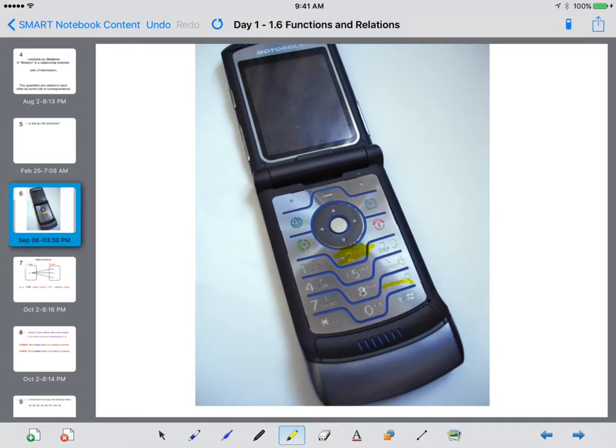Okay, this is a relation. That number 2 has a relation with A, B, and C. The number 7 has a relation with P, Q, R, and S. Relation, just a set of information, two quantities that are related to each other through some correspondence.